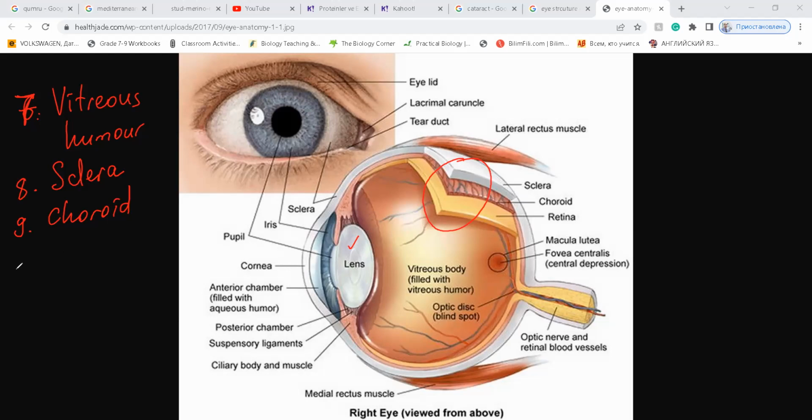The third layer, the innermost layer, is known as the retina. Actually, receptors are here. So in the retina, we have photoreceptors.